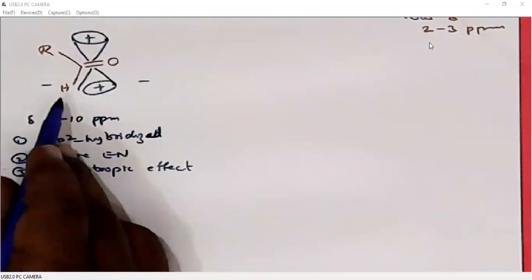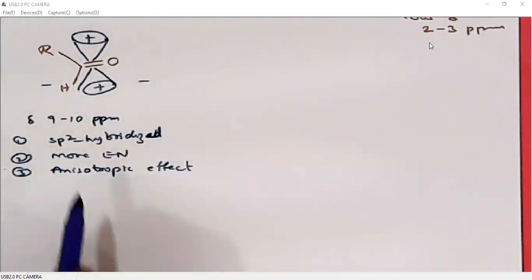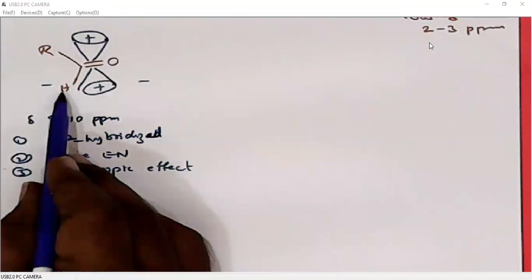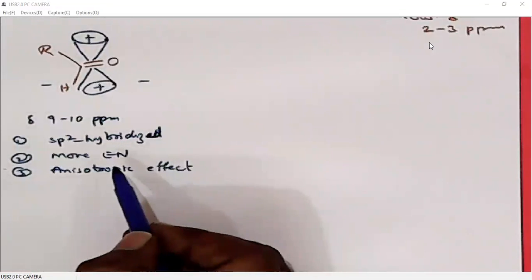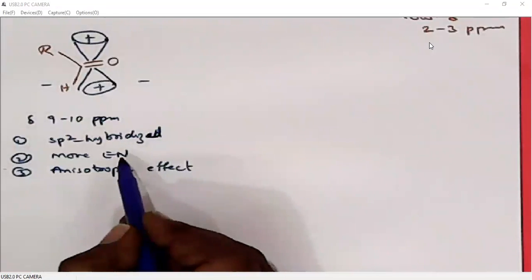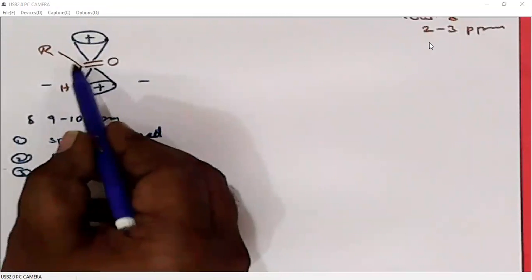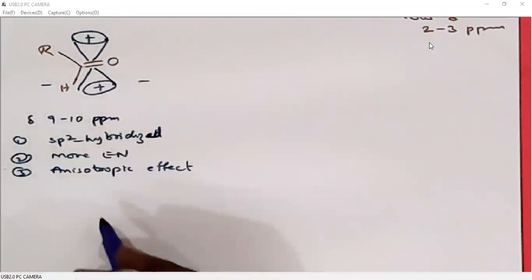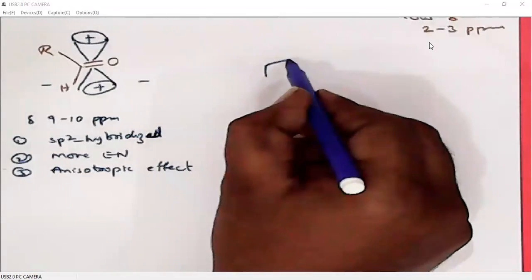So that means the aldehyde proton is in a de-shielded region. Because it is in a de-shielded region, it will appear at a larger delta value. So because of these three reasons, diamagnetic anisotropy, presence of a more electronegative atom and the sp2 hybridization of this carbon, generally aldehyde protons will appear at a very large delta value.